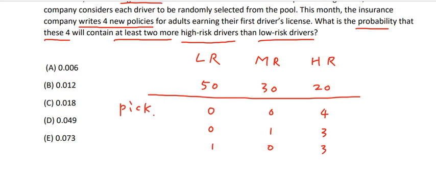Like we pick 3 high risk, 1 low risk, so the difference is at least 2. So at least 2 more includes 2. This is the question: at least 2 more, does it include 2 or not?